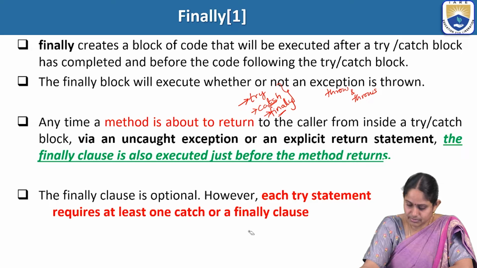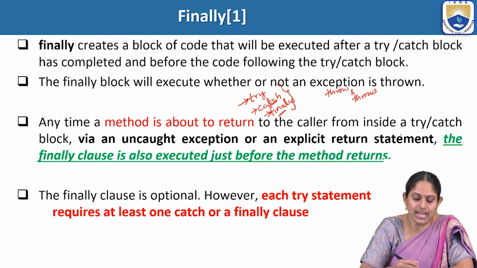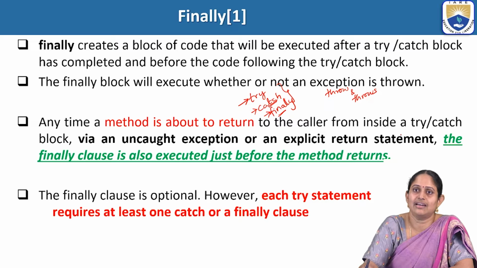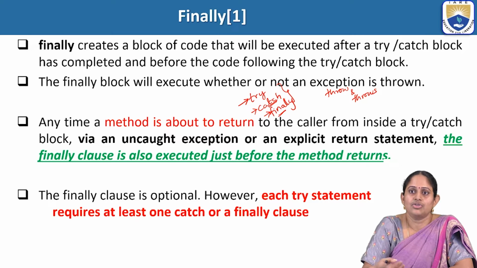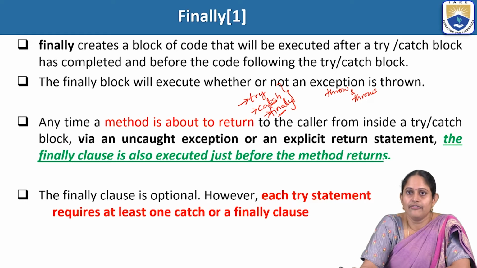Also, if we have any finally clause inside a method, it will be executed before the method returns. So if we want a set of statements to be executed definitely, we put them inside the finally block.